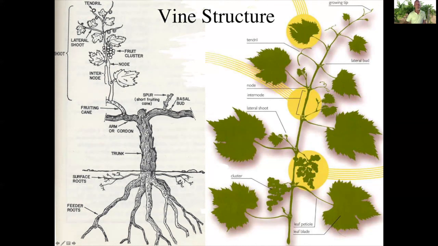We have a leaf with an internode, a node, a fruit cluster or two, some lateral shoots that can come off out of the axis of the leaf, and tendrils. We'll come back to this in a moment on the right here. And then on the spur, we're going to have buds which will break into some sort of shoot during the season after pruning in the spring.